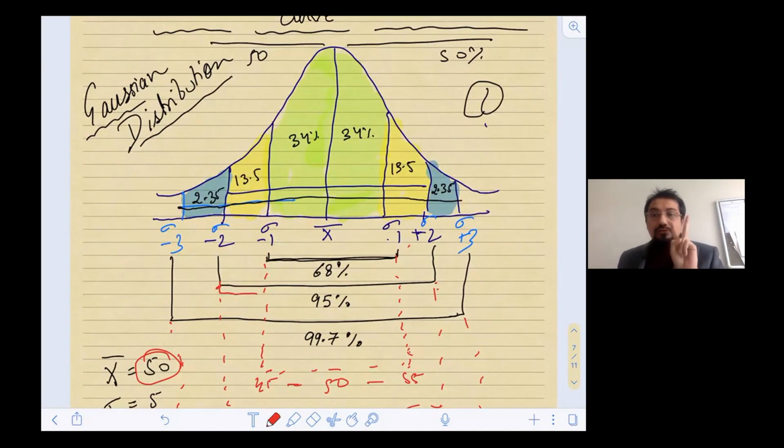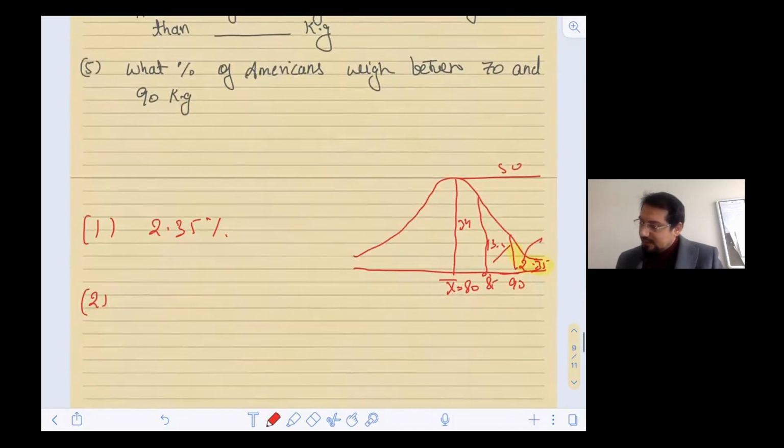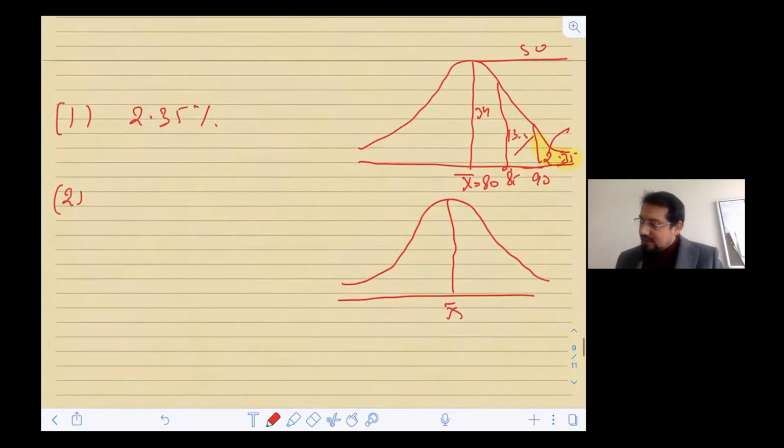So if I draw a chart with two standard deviations, this is my mean, 80. With one standard deviation, it is 75 here and 85 here, minus 5 and plus 5. And number 2 is 70, and here it is 90, right or not?